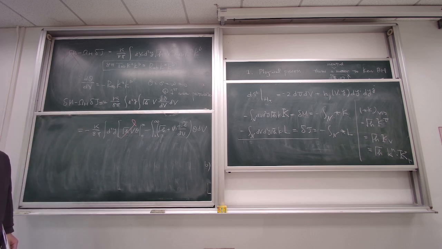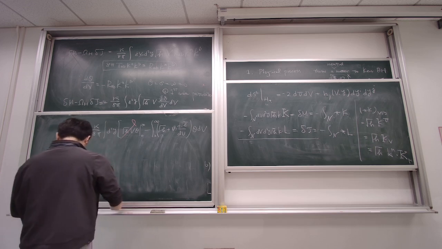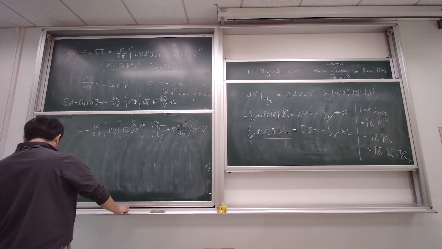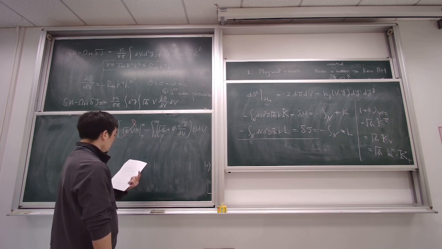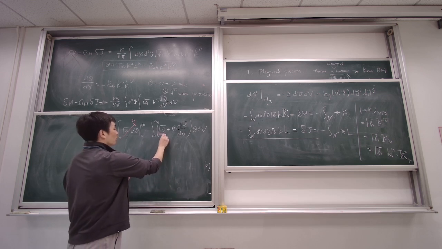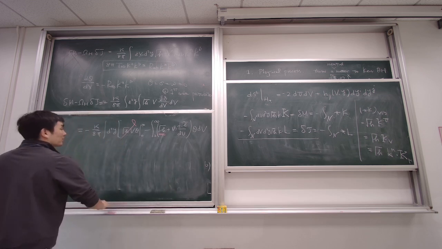And then square root h approaches a finite limit as V goes to infinity. Somehow we can concentrate this one. Okay, let's accept that.